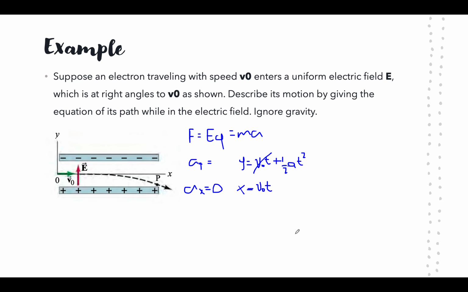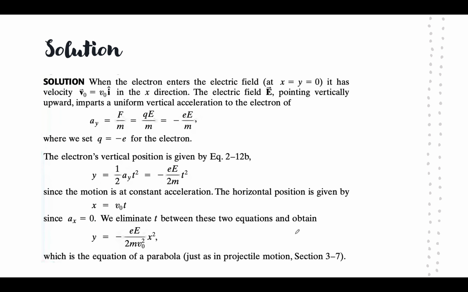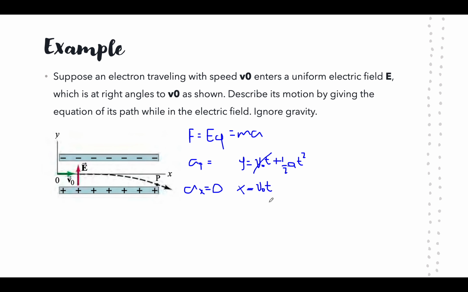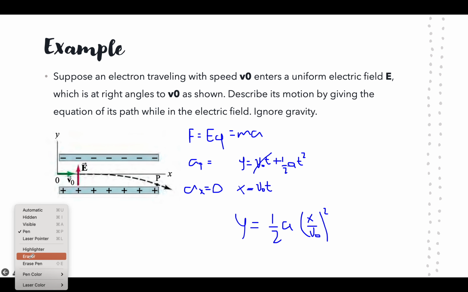We should be able to combine these two, in such a way that we can say that y is going to be equal to 1/2 a times x over v0, everything squared.